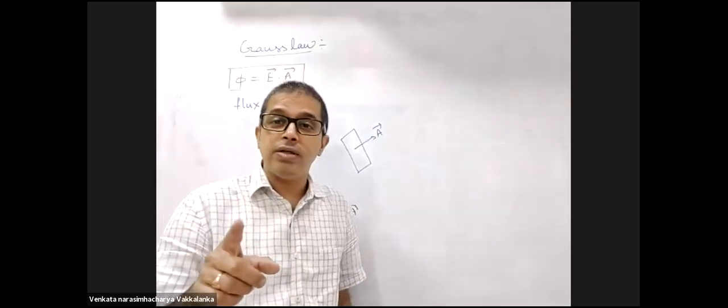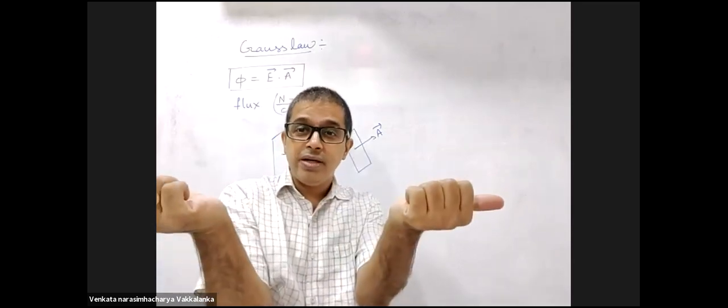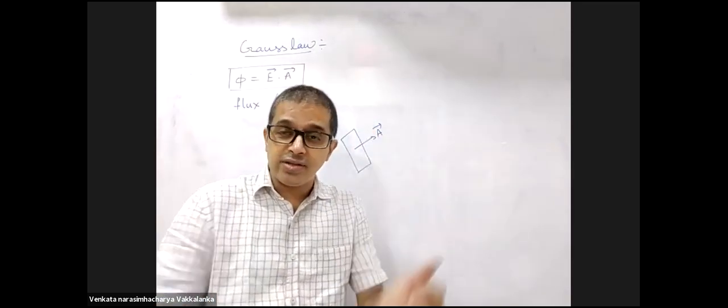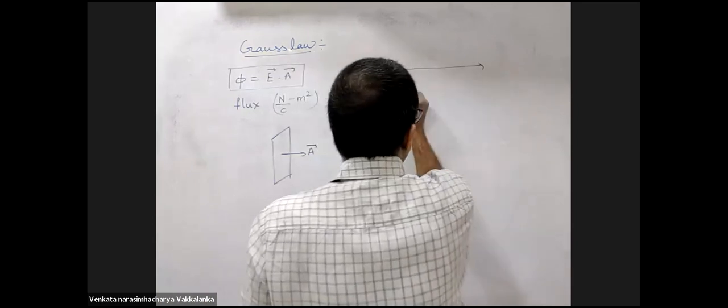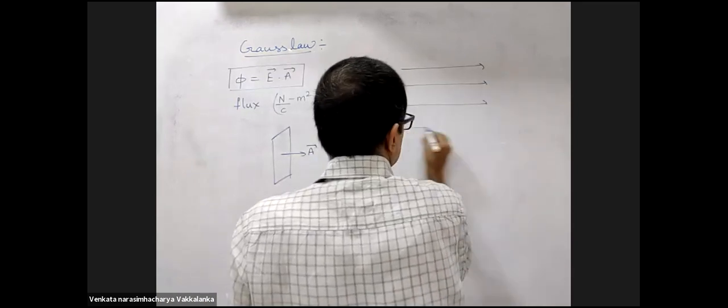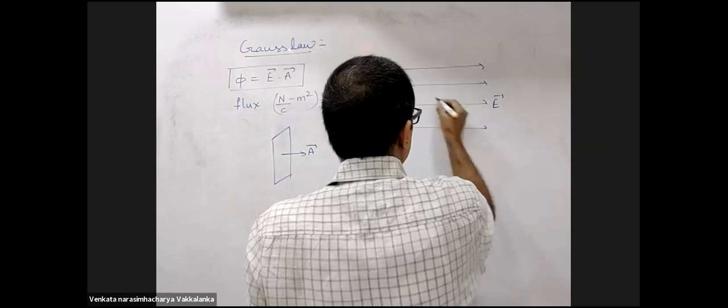Sir, both areas would be same, right? Magnitude, yes. Directions are different. Magnitude of both areas are the same. So when you define an electric field like this, listen carefully.